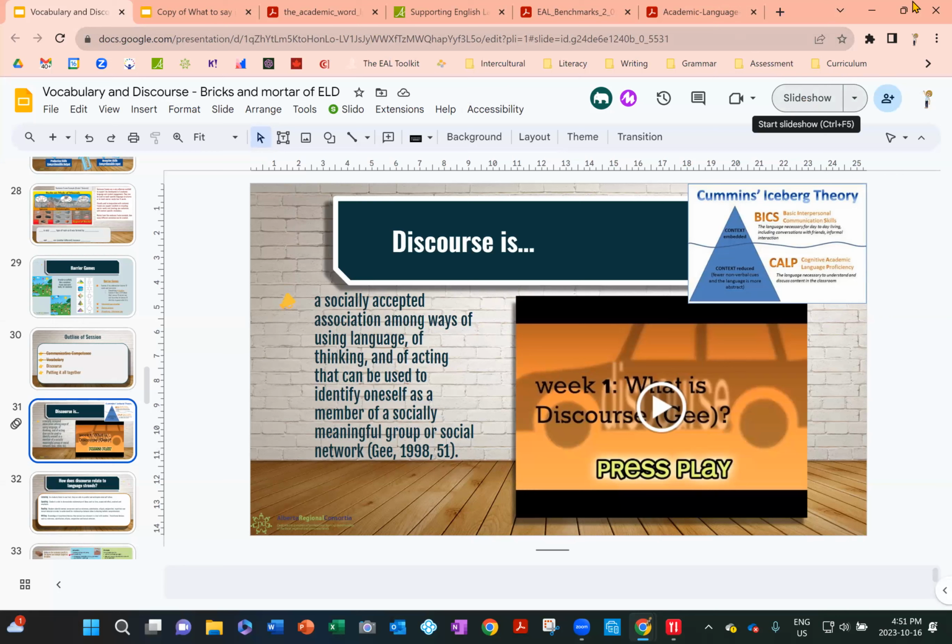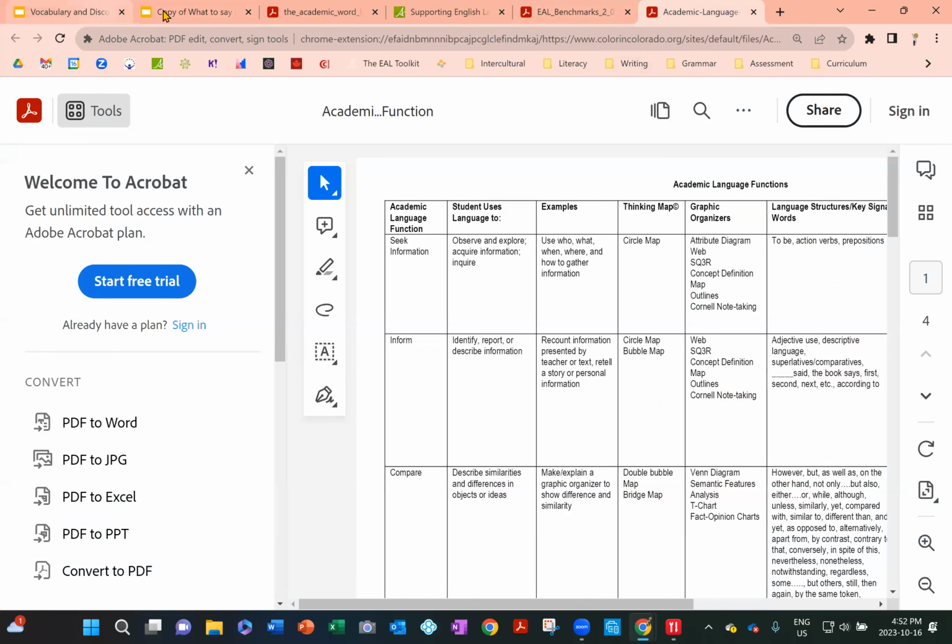I can share their screen. Oh, this is awful. It's totally frozen. Okay, it's kind of working.